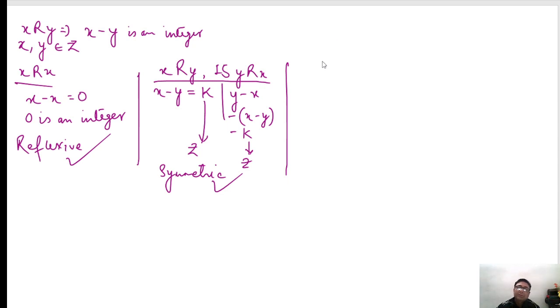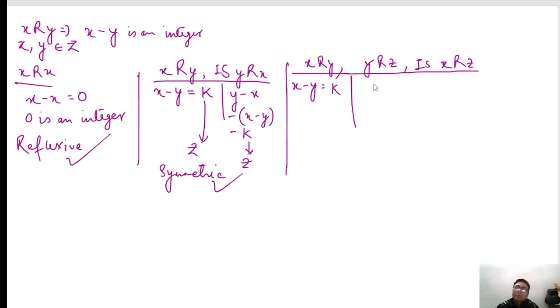Next, come to the transitive. x r y, y r z is x r z. Let's check. They are telling x minus y is an integer. Suppose it's k. y minus z is an integer. Suppose it is m.